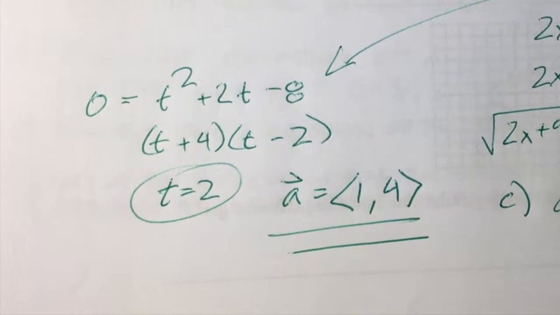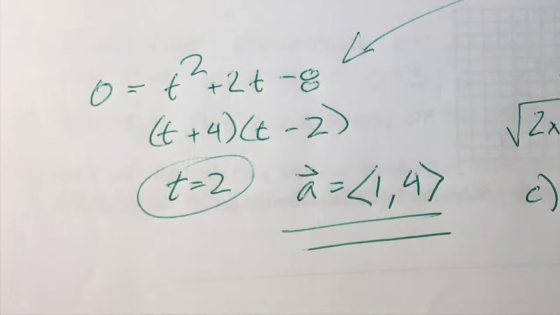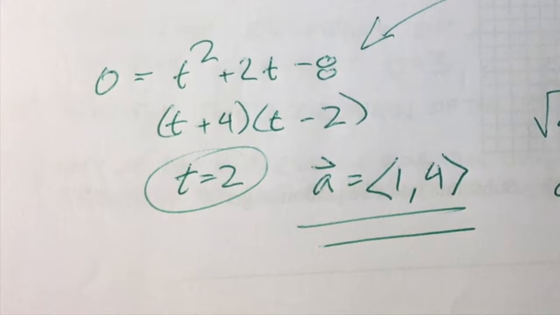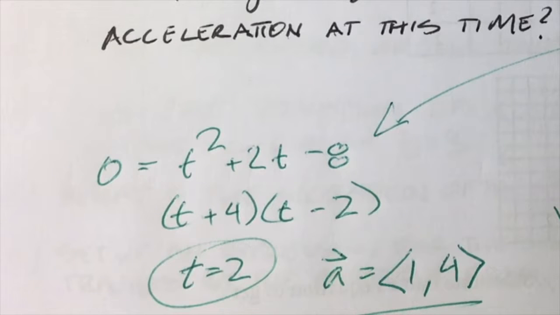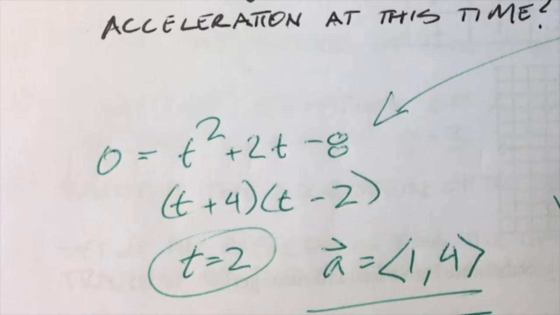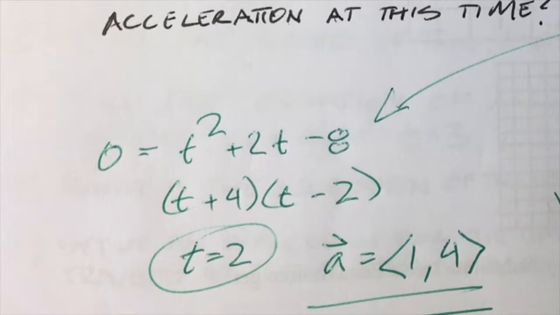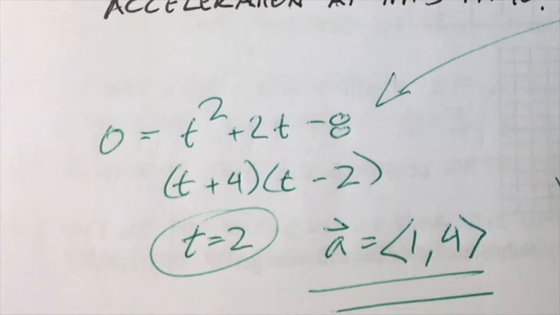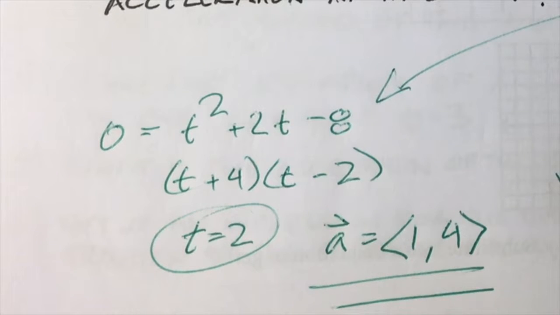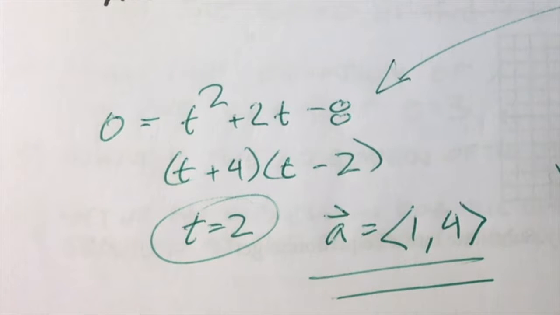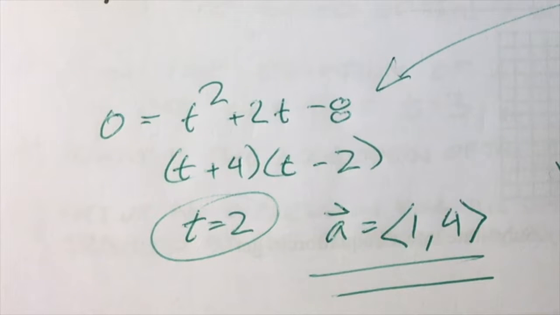Right off the get-go, I'm going to double everything and say that's t squared plus 2t minus 8. And that is, thank you very much, going to be factorable. And that's going to be plus 4 and minus 2. And so my value will be when t equals 2, because t equals negative 4 is not in the domain. So it will be at 2 seconds that the particle is on the y-axis.